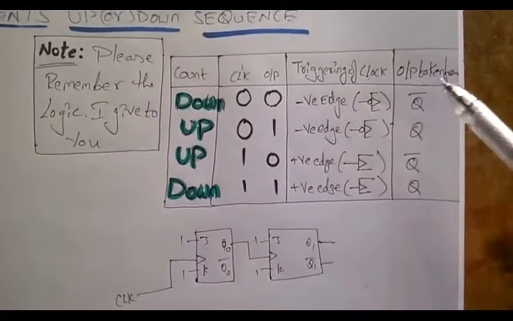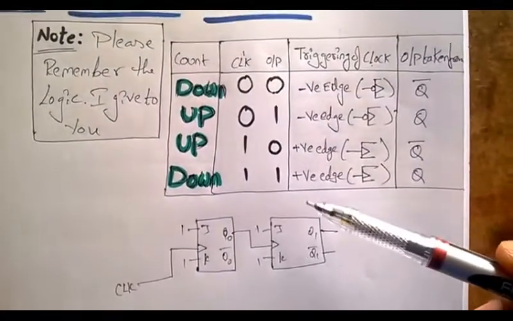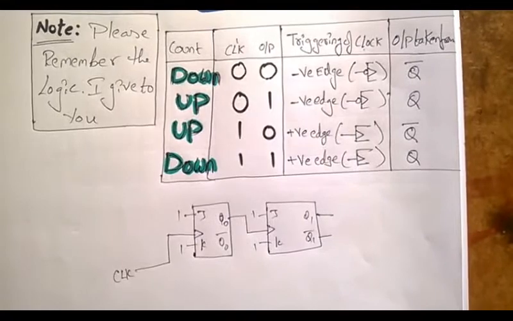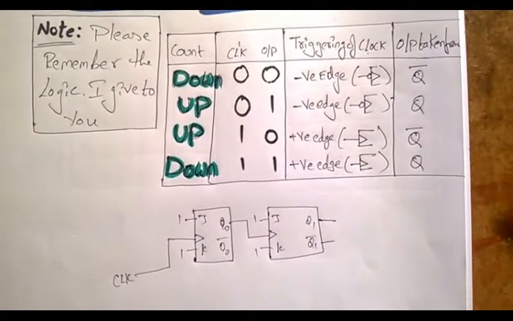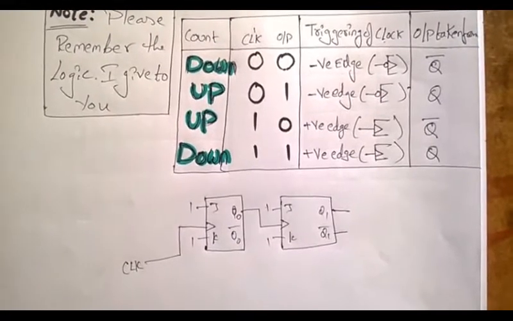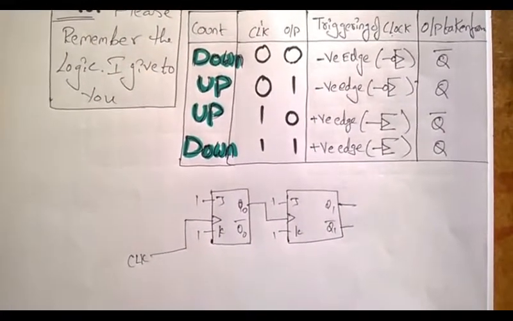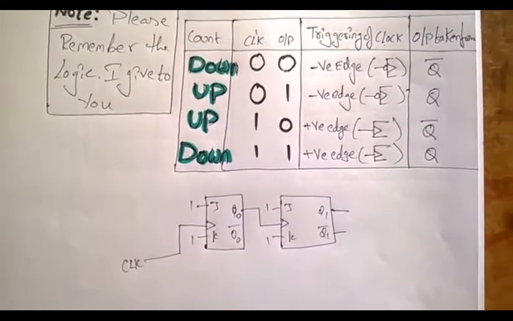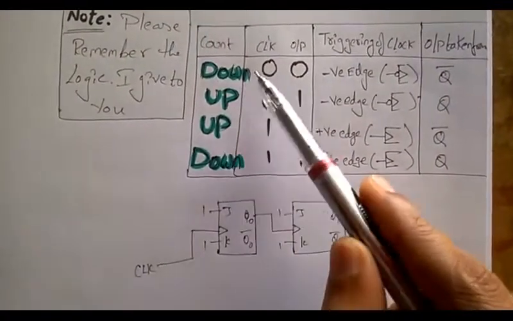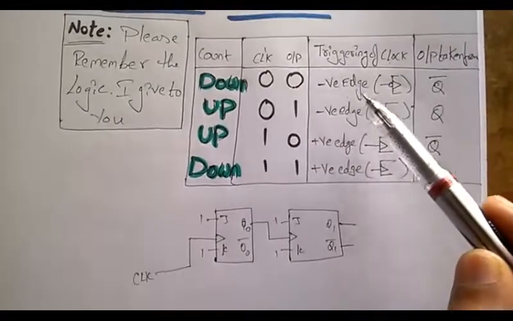Consider 0 as we take output from Q or Q bar. If there is 0, consider it Q bar. If there is 1, consider it Q. Okay, now it will be quite easy for us to identify. Remember this part. This is the logic and you can easily remember this.